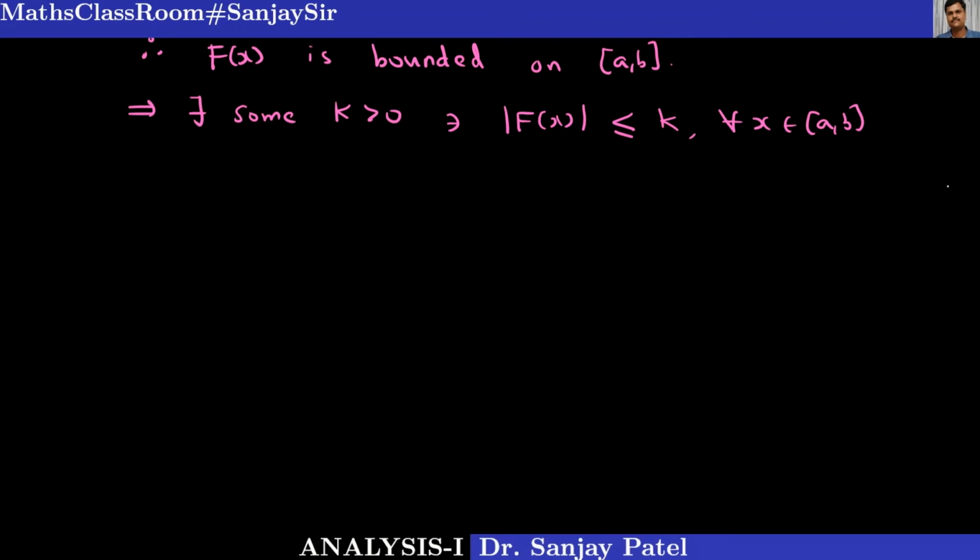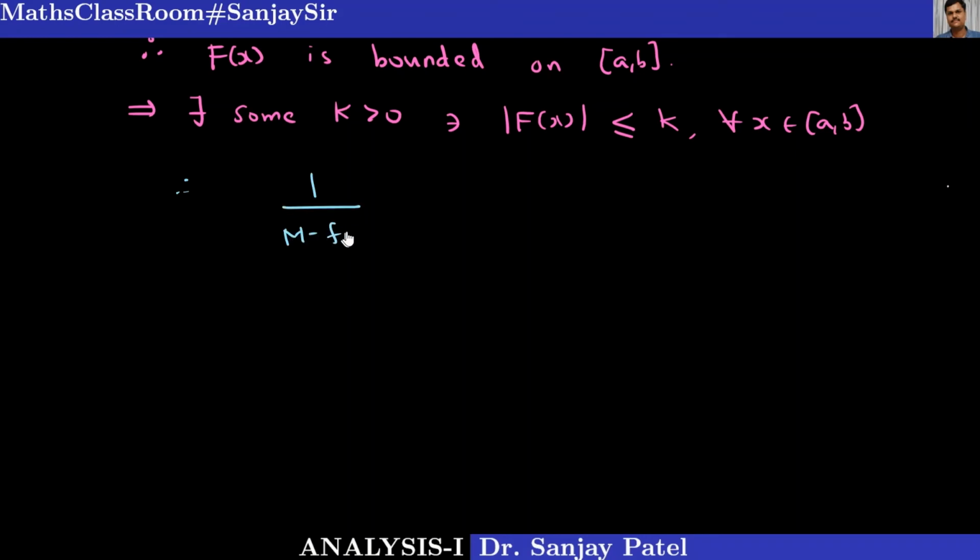Putting the value of capital F(x): because mod of F(x) is less than or equal to k, F(x) lies between minus k and plus k.